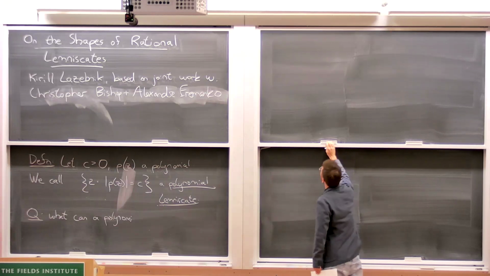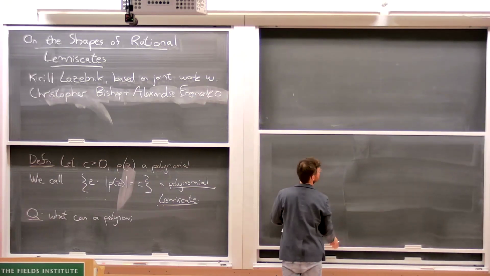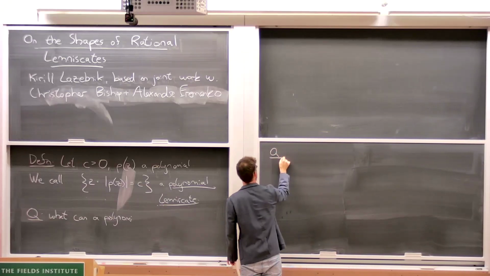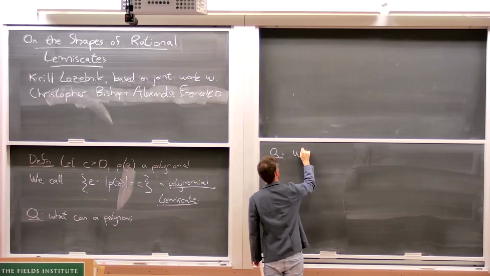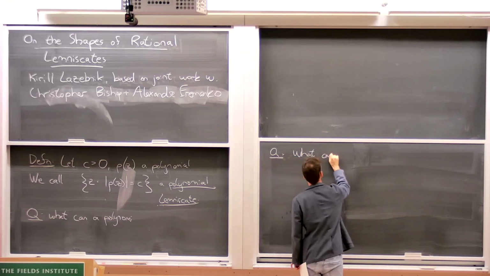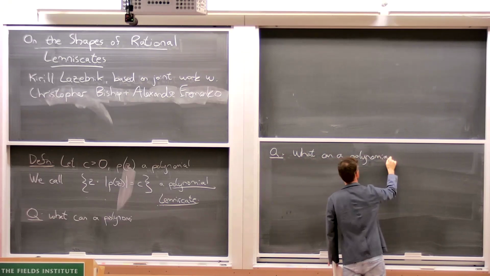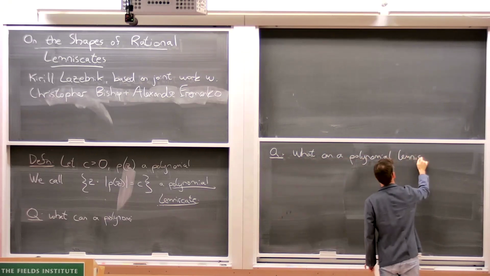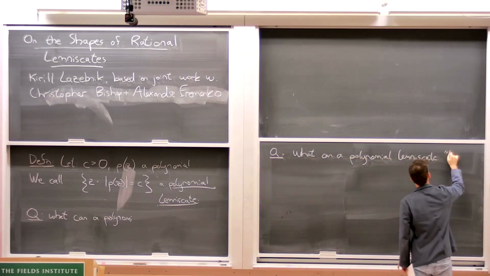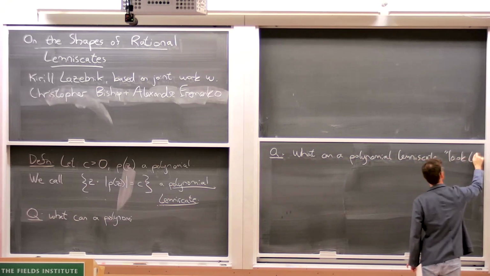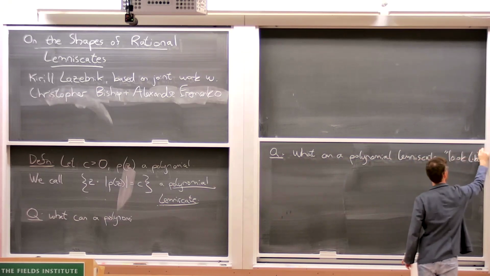Okay. So the question is, what can a polynomial Lemniscate look like? "Look like" is, of course, a little bit ambiguous.